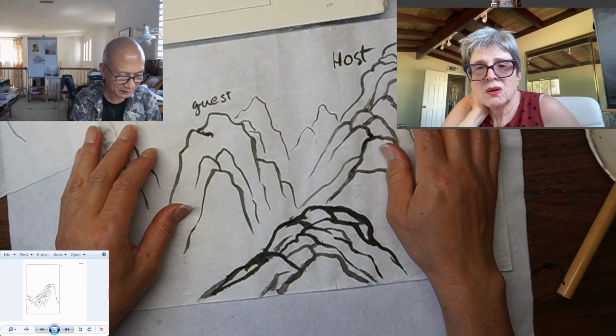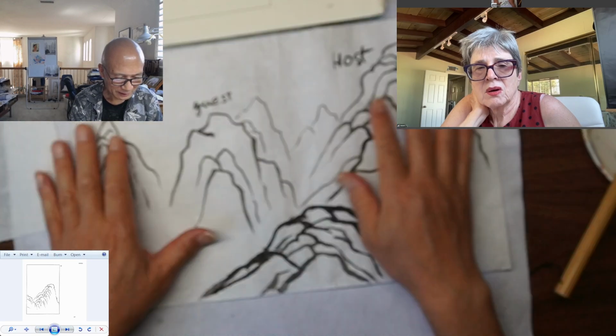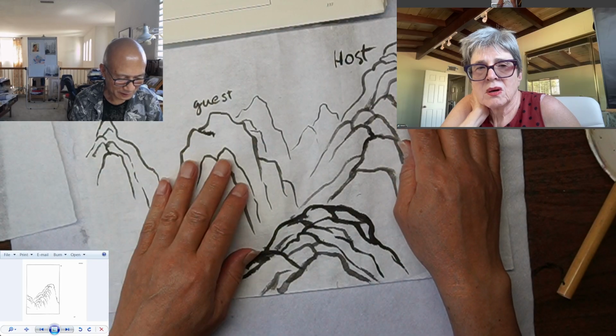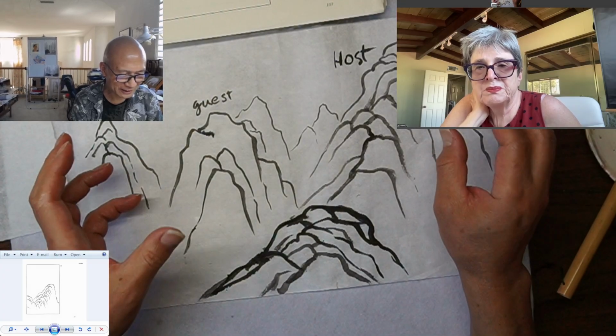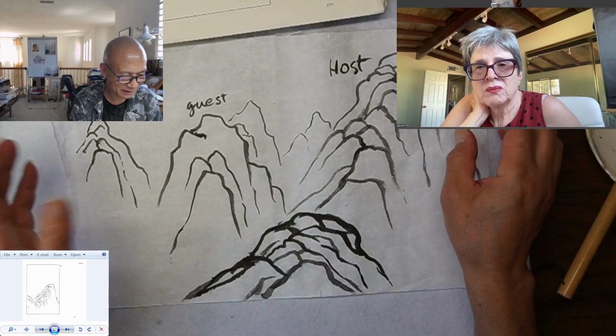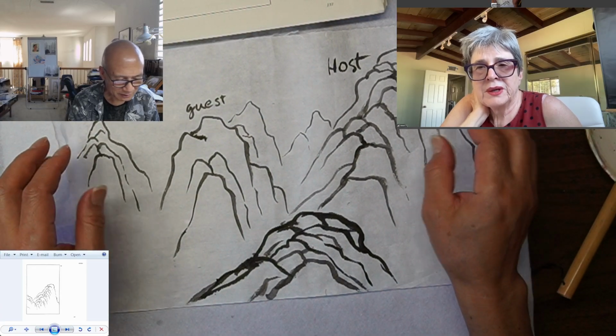In Chinese or Japanese painting, the host mountain or the focal point could be on the side. So Van Gogh learned from Eastern artists like Japanese woodblock printing artists.